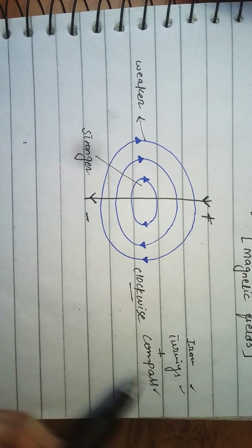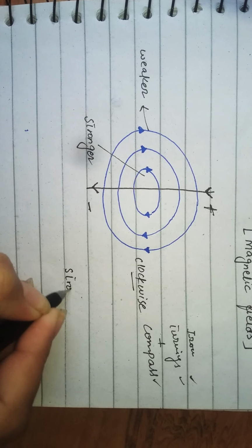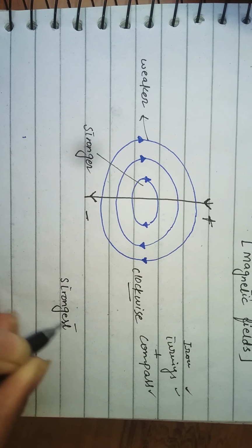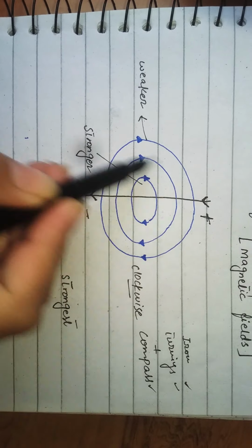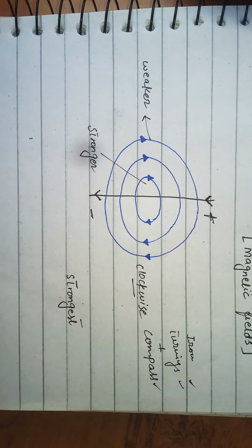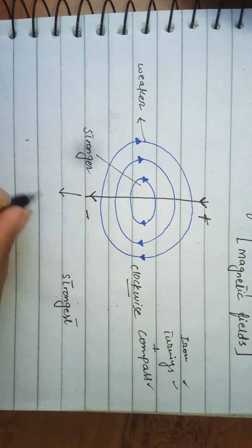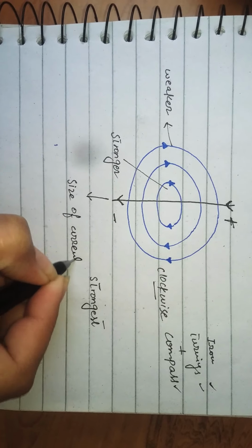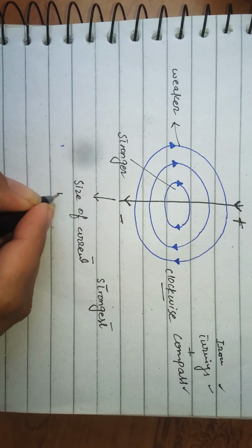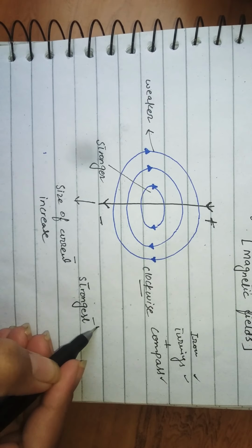And what will we do if we want to make the strongest magnetic field? If the size of the current increases, then the field will be the strongest.